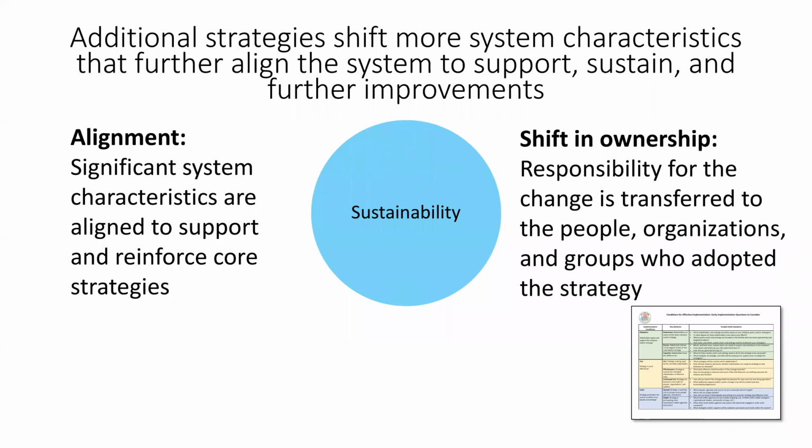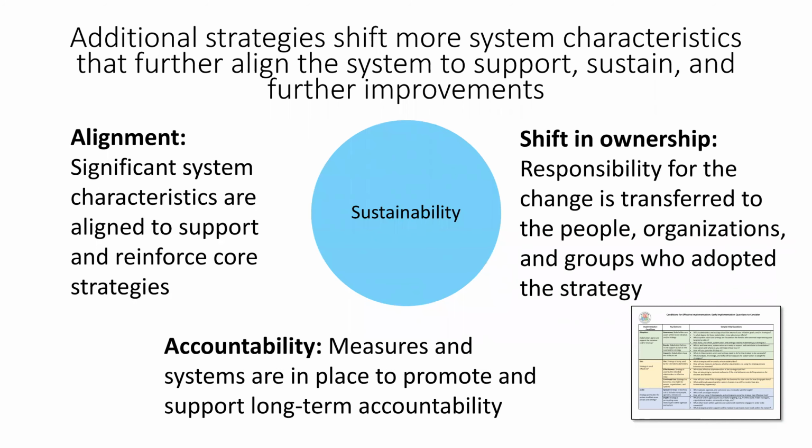We also, at some point in time, want to shift the ownership of providing the training and monitoring and supporting the practice so that the people, the organizations, and the group who are actually taking this training and now committing to the practice are taking ownership for the continued use and effectiveness of those strategies and practices.